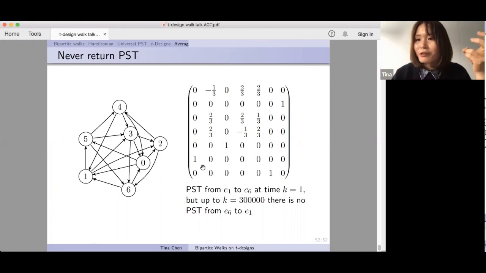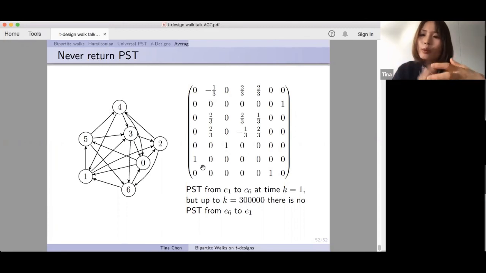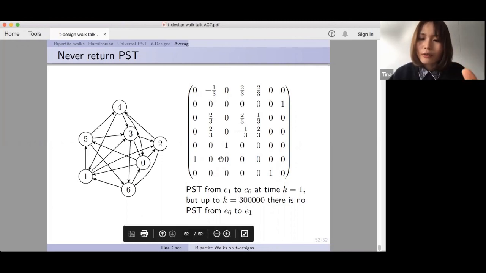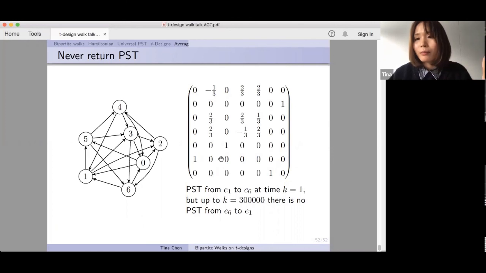So it will be a trivial perfect state transfer, because it will happen at time k equals 1. But if we increase the degree of the vertex, once it goes over 2 or 3, it will not have an entry 1 in the transition matrix. So at least we know it will not have trivial perfect state transfer, right?